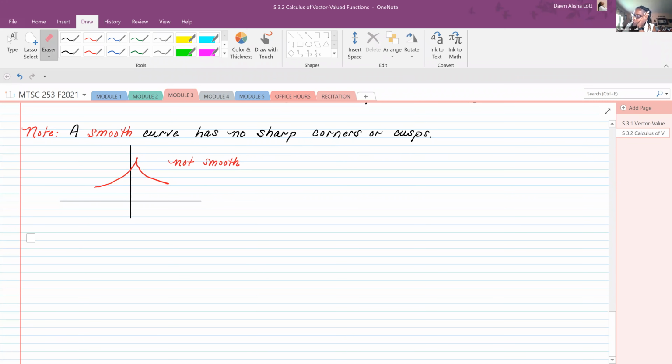Now, definition, we can talk about a piecewise smooth curve though. So that is piecewise smooth. It's smooth on this piece. So from here to here, it's smooth. And from here to here, it's smooth.